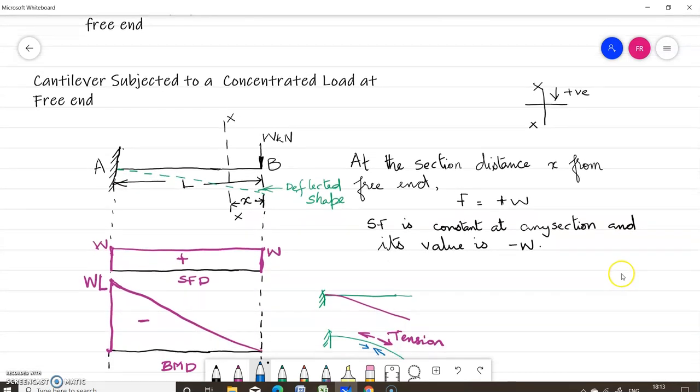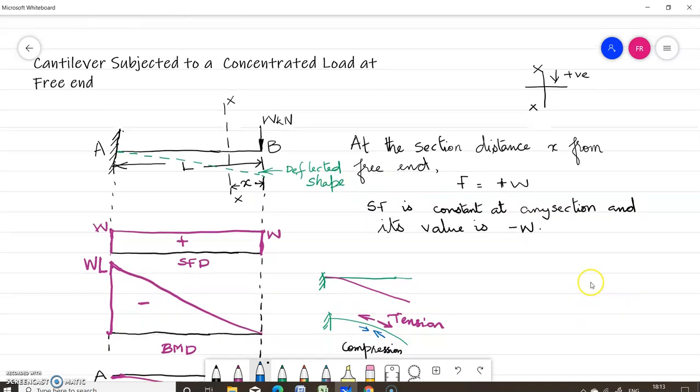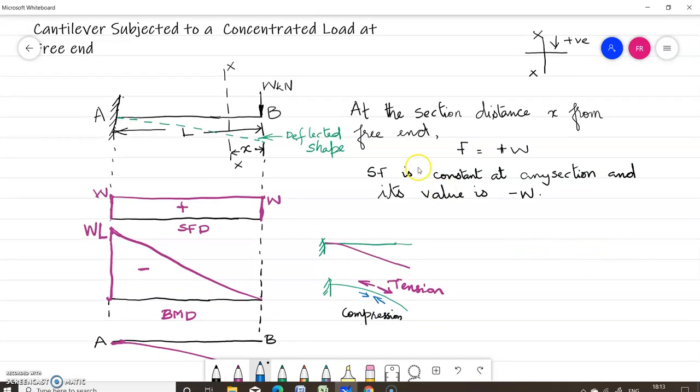So first we'll see how to draw the shear force diagram and bending moment diagram for a cantilever subjected to a concentrated load at the free end. So consider this cantilever. It is subjected to a concentrated load W kilonewton acting downwards at the free end.